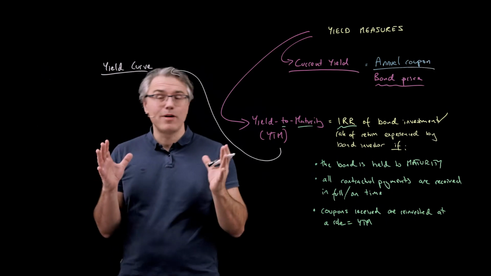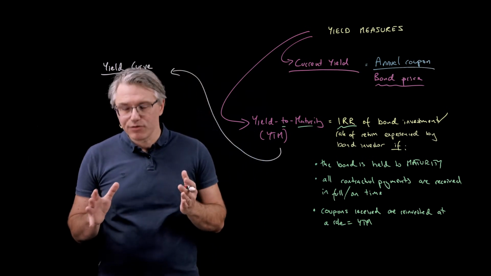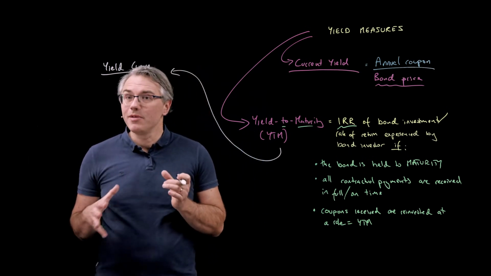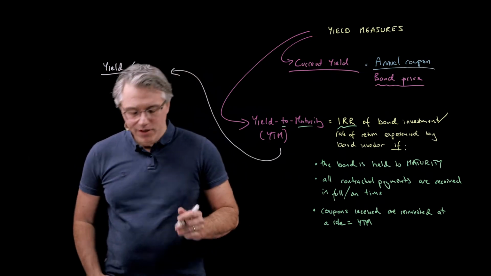graphical way to represent or to show the yields to maturity of bonds coming from the same issuer, but with different maturities. So maybe I'll write this down.